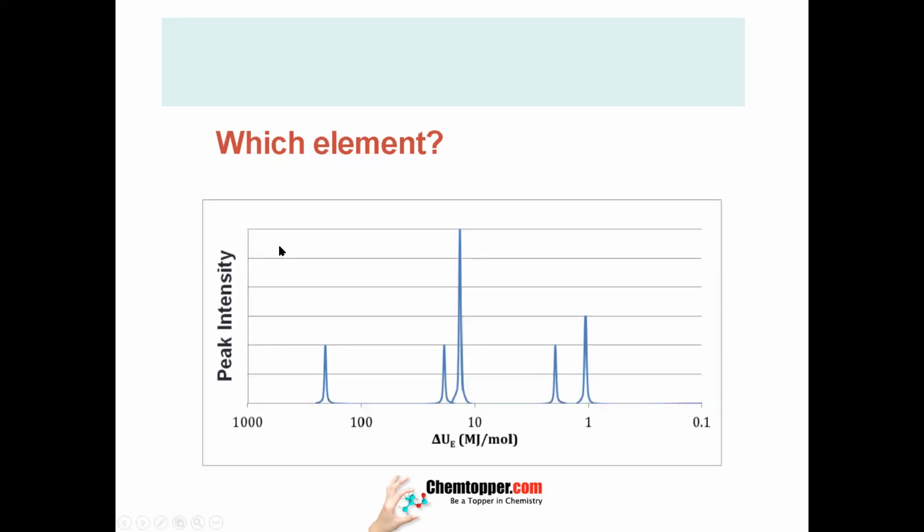Which element is this? Yes, it is P, phosphorus. Perfect answer. Phosphorus. Can you draw on the top of this?